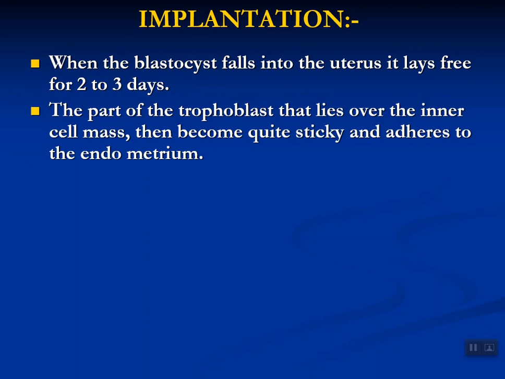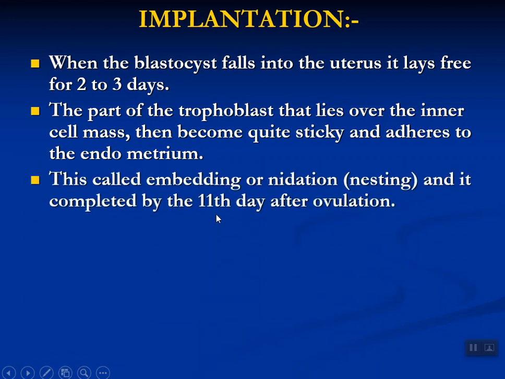The part of the trophoblast that lies over the inner cell mass becomes quite sticky, and it adheres to the endometrium. So the outer layer of trophoblastic cells lying over the inner cell mass becomes sticky, and due to that it can adhere easily to the endometrium.